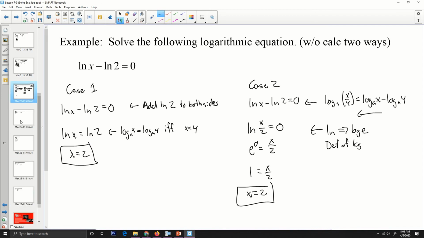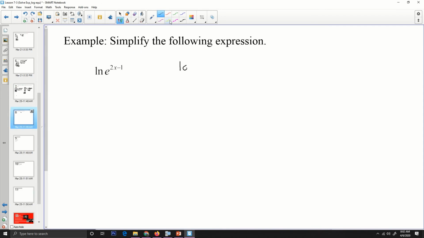That's good. All right, next, simplify the following. I have ln e to the 2x minus 1, and I want you to recall that log base a of a to the x is just x, and since ln is just log base e, we can say that this thing is log base e of e to the 2x minus 1.